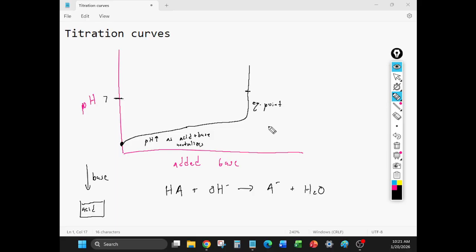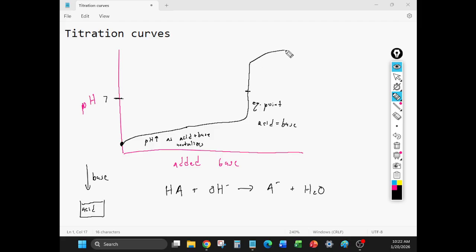Okay, and equivalence point is where you have an equal number of acid and base. Now, basically what happens is as you get closer to equivalence point, the pH starts to spike as you get closer and closer to equivalence point.